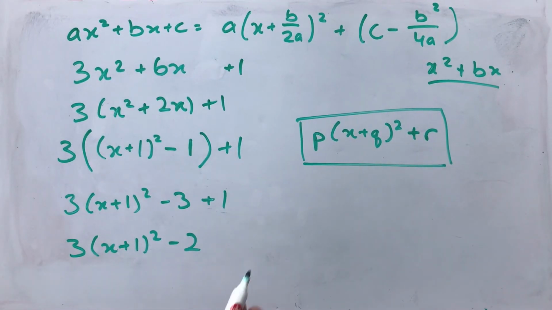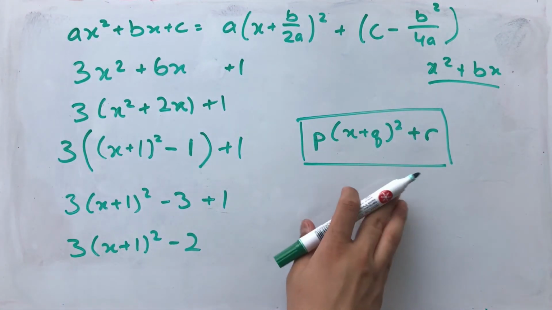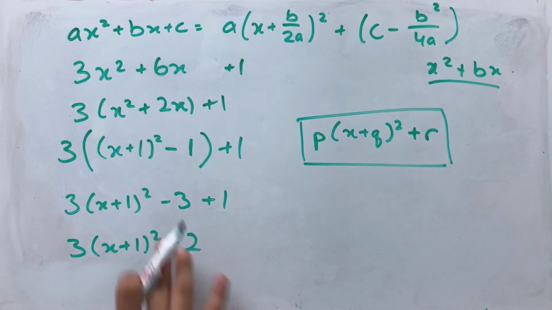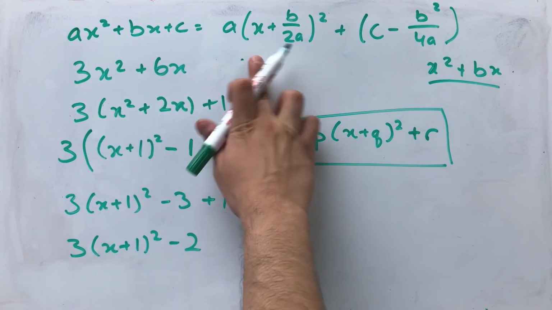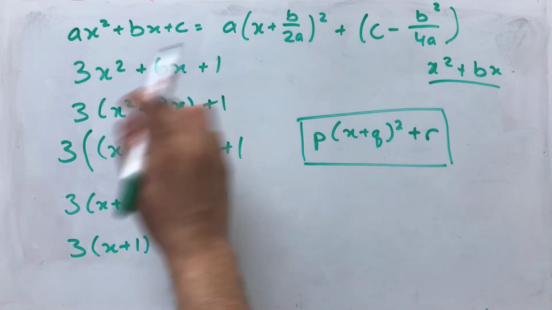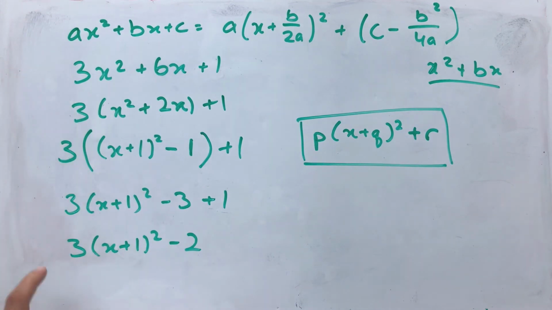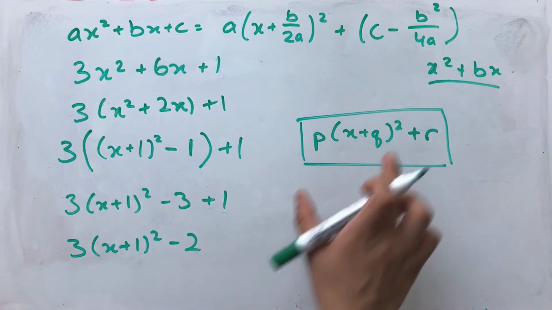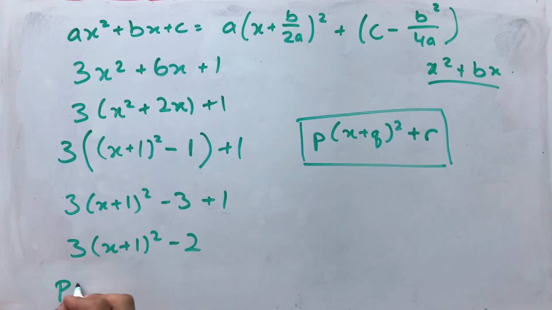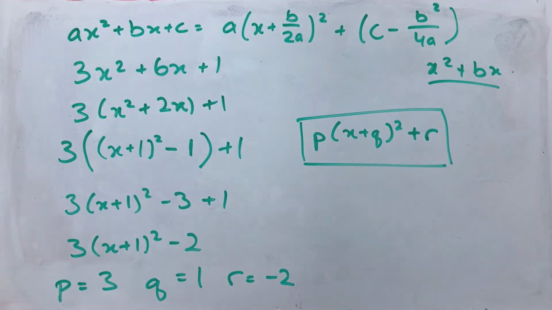And sometimes they ask you to leave it in completed square form. What you want to do is bring it down into this, right? So when they've given you this expression, let me just write it one closer. When they've given you this expression and stated complete the square for this, leave it in completed square form, okay? And looking back at this, comparing these two, we can say that P is equal to 3, Q is equal to 1, and R is equal to negative 2.